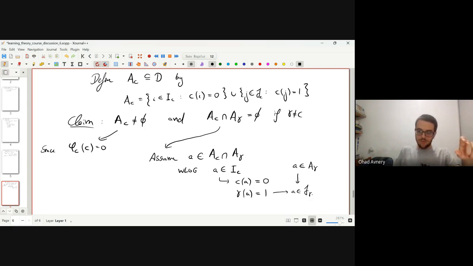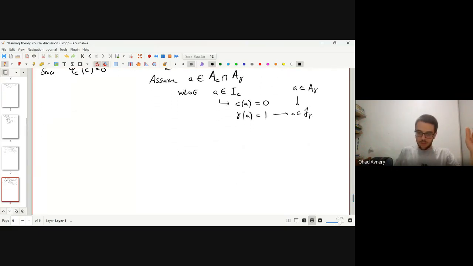Because D is at least 2, the number of elements is at least 3. So we can look at a different assignment in C that is different from both C and gamma.